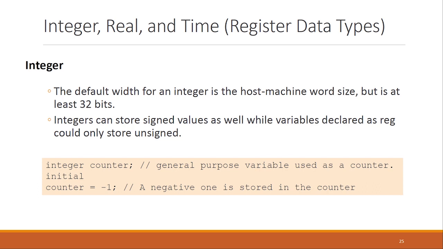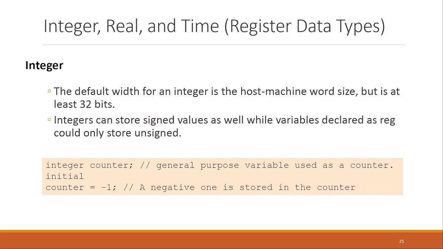So if you look at the integer data type available in Verilog, the default for an integer is the host machine word size. This is like a 32-bit register. It has to be at least 32 bits. So if the host machine word size is 32 bits, then it's going to be similar to a 32-bit reg variable.